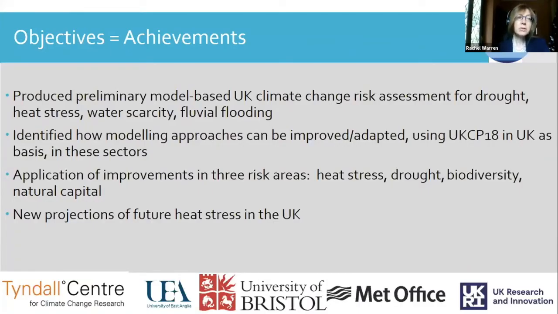The project's academic achievements are that it has produced some preliminary model-based UK climate change risk assessments for drought, heat stress, water scarcity and fluvial flooding. These are the starting point for the project.